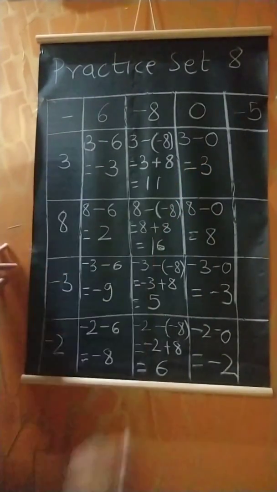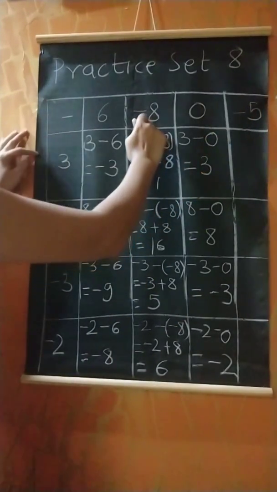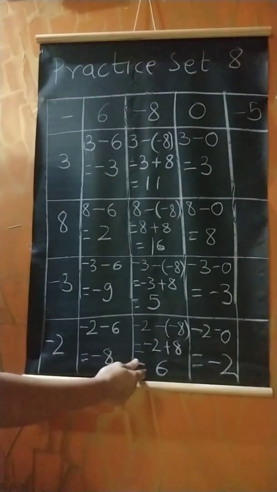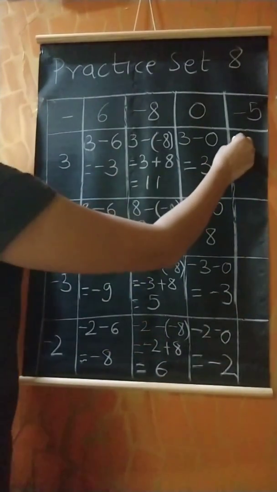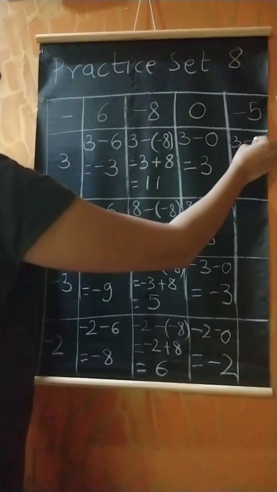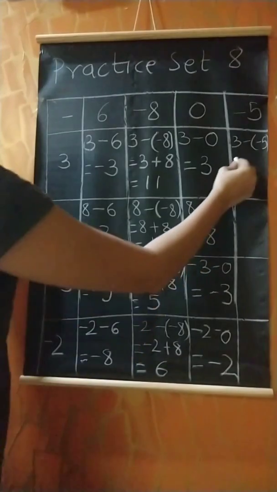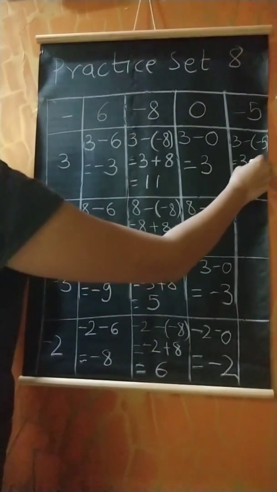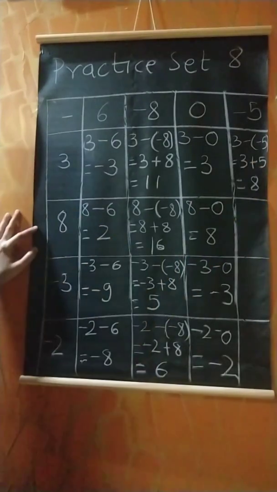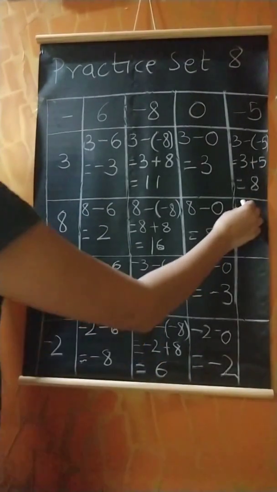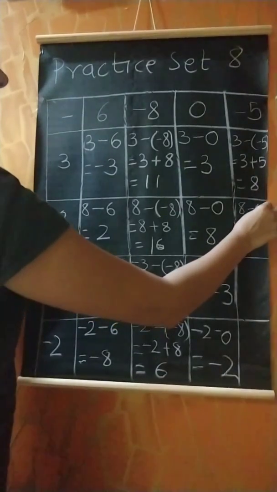Okay. Last column. 3 minus (minus 5). Now what we did with minus 8, you have to do here. So 3 minus (minus 5) is 3 plus 5, and your answer is 8. Next, 8 minus (minus 5).